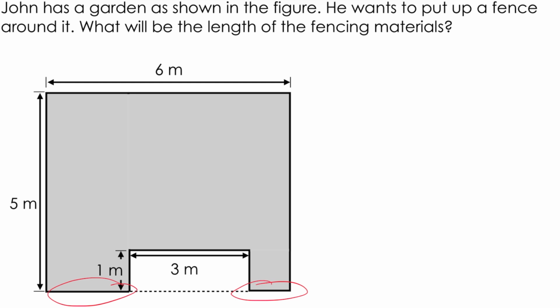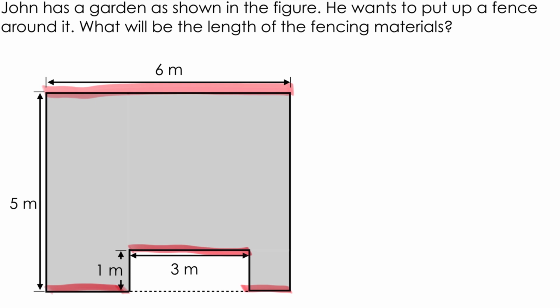But then we know that the sum of these three sides is the same as this whole length altogether. So with that, I know that the side at the bottom, all these three sides combined together, would give me 6 meters.